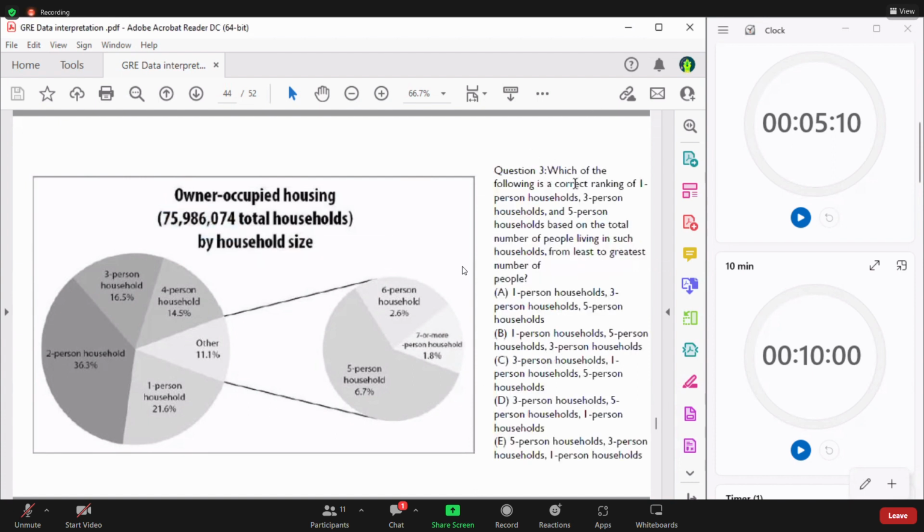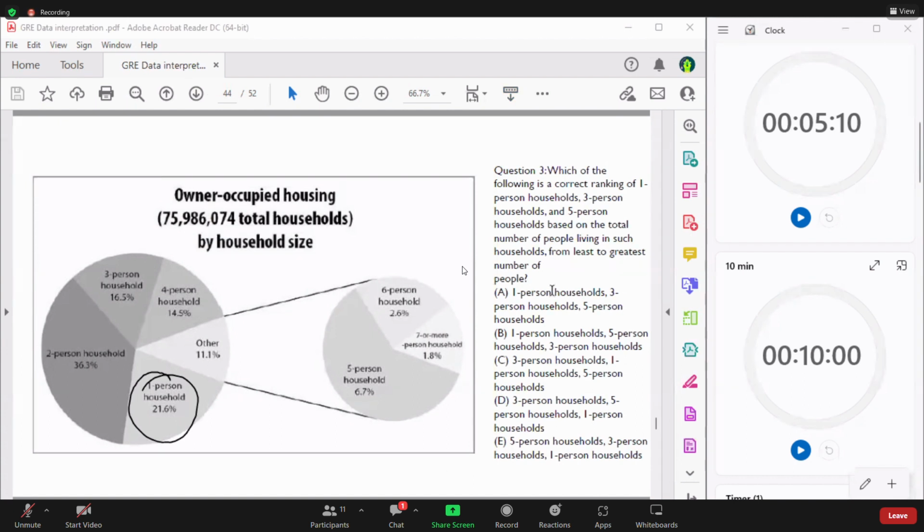Next, which of the following is the correct ranking of 1, 3 and 5 person households based on the total number of people living in such households? Okay, so a 1-person household will obviously have 1 person living, right?